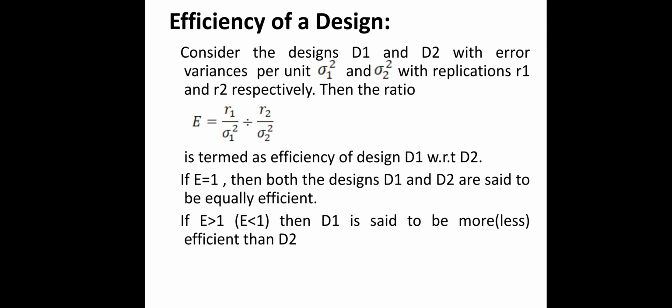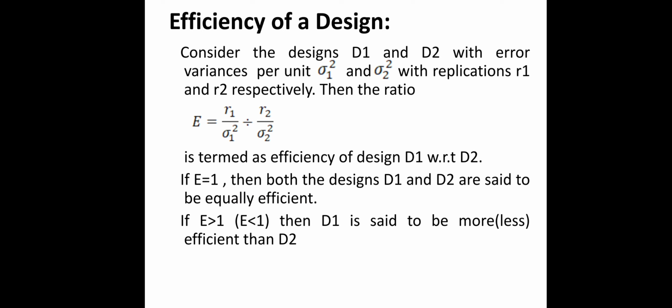Now, how will we know whether the designs are efficient or not? When we have to calculate the efficiency of something, we have to compare it with a standard observation. So here also we will be comparing efficiency among two designs. Consider the designs D1 and D2 with error variances per unit sigma 1 square and sigma 2 square, and replications small r1 and small r2 respectively.